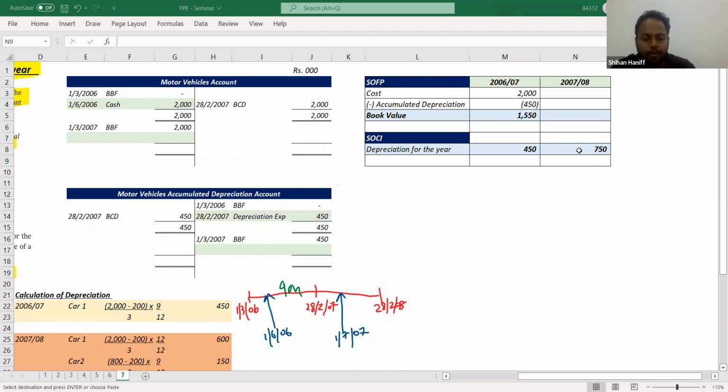And purchase during the year 800. Closing balance is 2800. Next year balance is 2800.